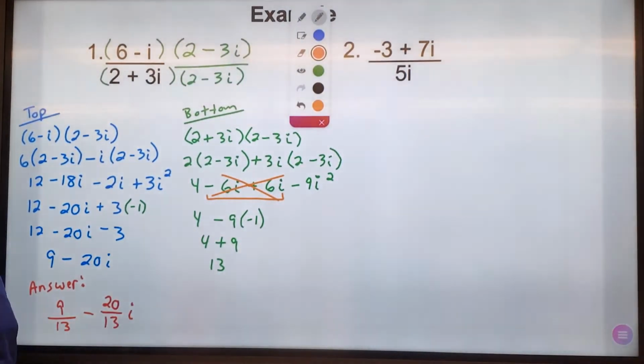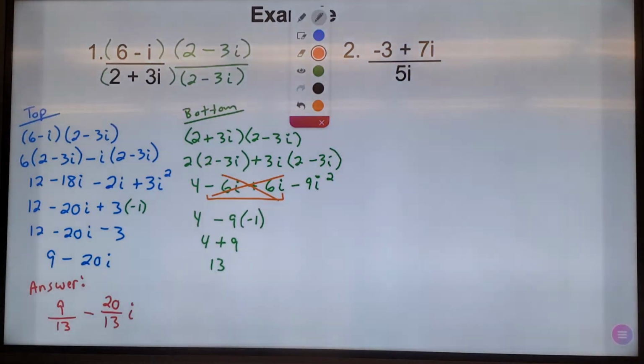And then an i goes right next to it. So we have 9/13 minus 20/13 i. The real part of that is 9/13. The imaginary part would be negative 20/13. Okay, but you will need to separate that for your answer in order to receive full credit.